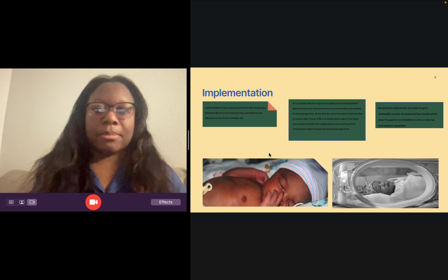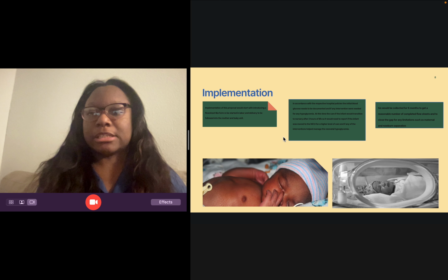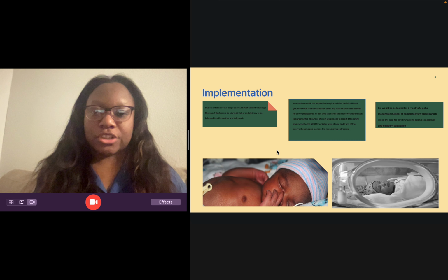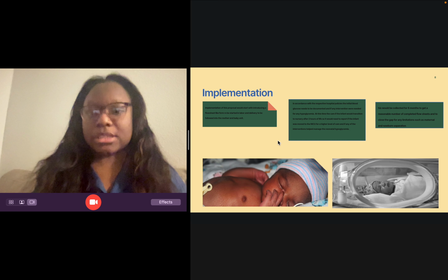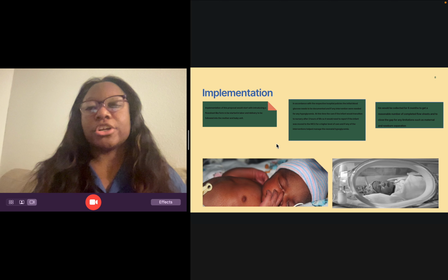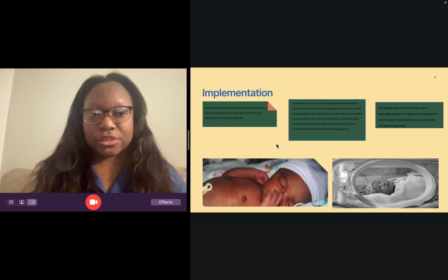Is this baby above 37 weeks? That is usually the cutoff for most hospital systems to say, okay, I don't think we need to check their blood sugar. However, if they are under 37 weeks, it is mostly a standard to check that baby's blood sugar, because preterm infants are shown to have increased levels of hypoglycemic disorders.